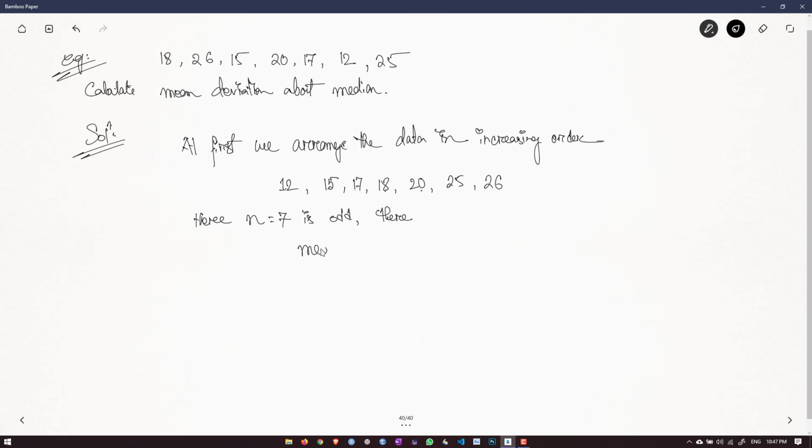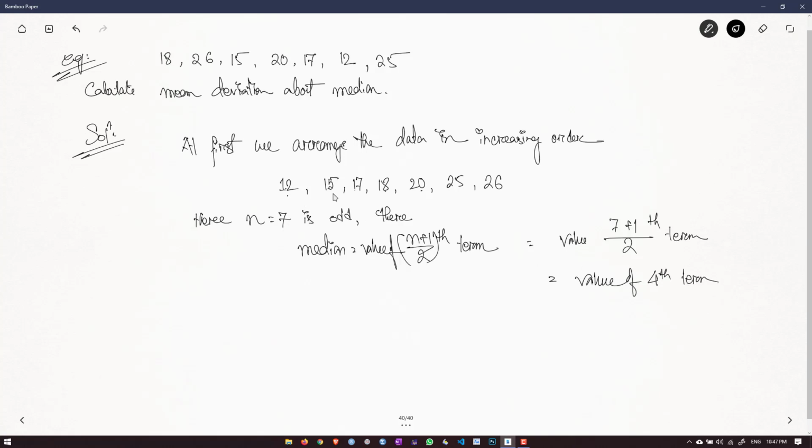Therefore, median is equal to the (n plus 1) by 2th term. What is n? It is 7, so 7 plus 1 by 2th term. Now 7 plus 1 is 8 by 2, that means the value of the 4th term.